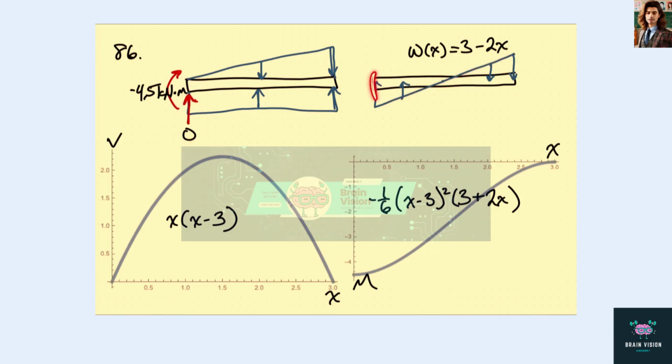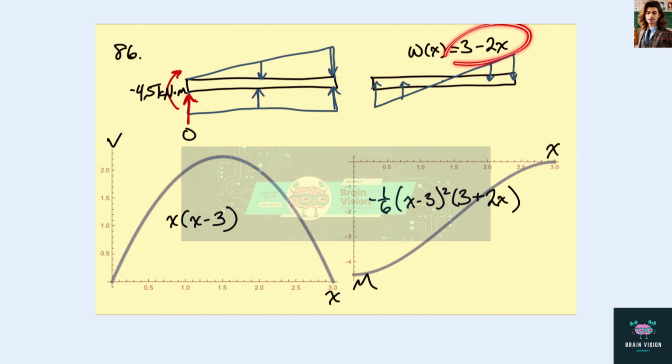The moments, however, are different. Again, we can make an equivalent point load here and an equivalent point load here. They have the same magnitude, but they'll create a couple that needs to be overcome by the reaction at the wall here. It turns out that moment is minus 4.5 kilonewton meters.